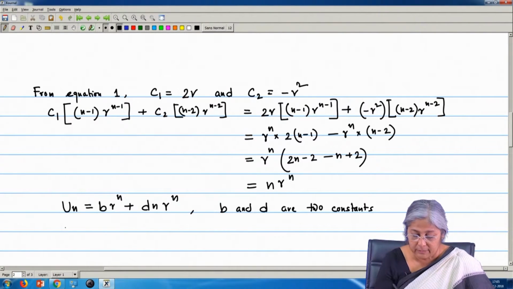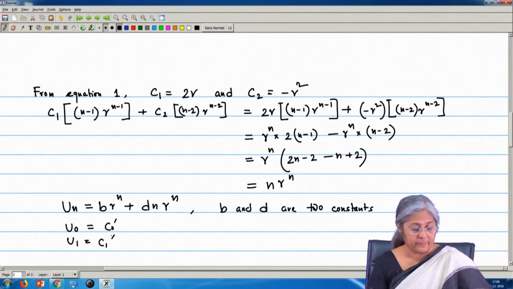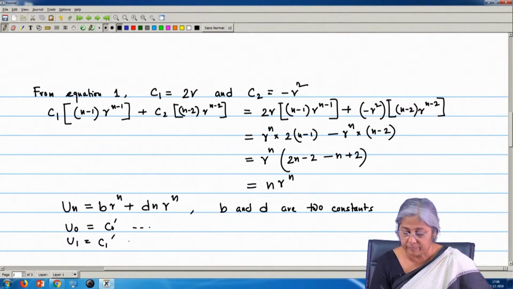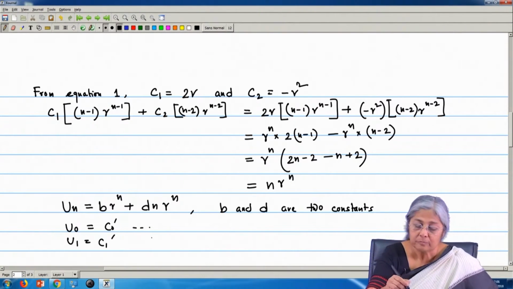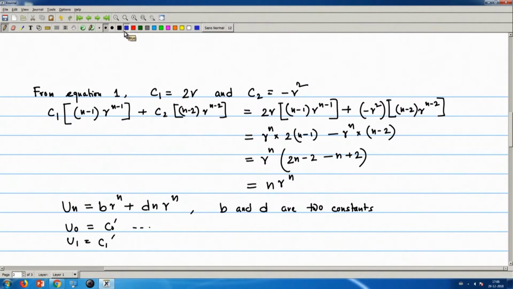And we can take u 0 equal to some c 0 dash and u 1 equal to some c 1 dash, that type of constant. So, what we prove is that n r to the power n is a solution.